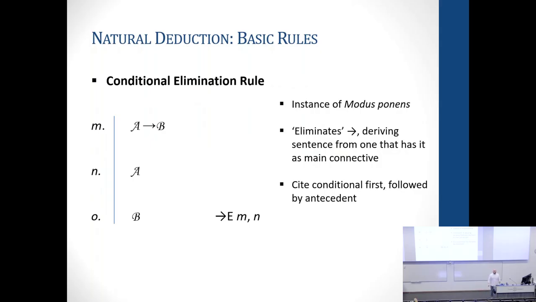It's also worth noting, A conditional B and A are given. A is given, right? It could be given, it could be something we've derived. Again, remember that it doesn't matter if some or all of these are assumptions or some or all of these are sentences we've derived. What matters is that we've got these sentences on our line one way or the other.